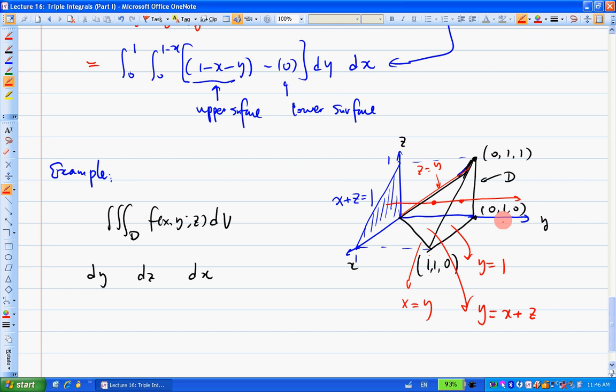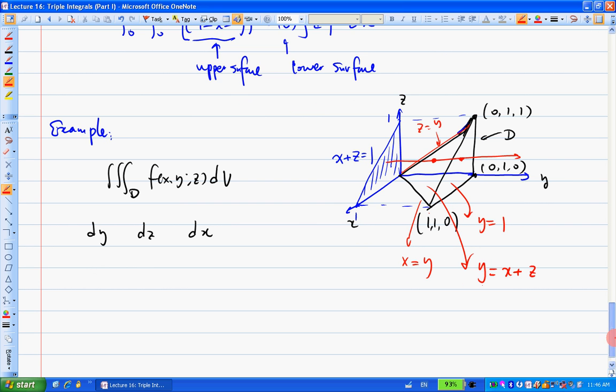And what happens when you let y equal to 1? That's the intersection of this plane with the plane y equal to 1, which is this line here. So this is the plane right here. In other words, my y min would be basically this, so maybe I'll write the layout of this integral right here.